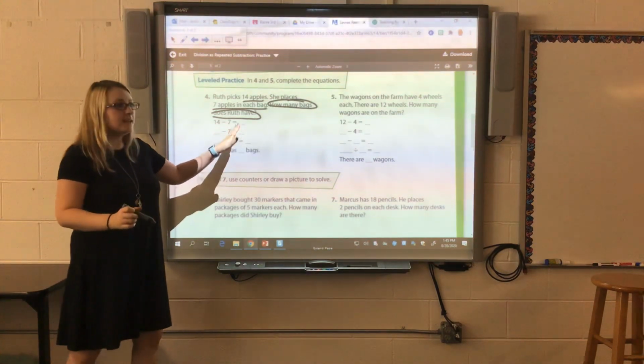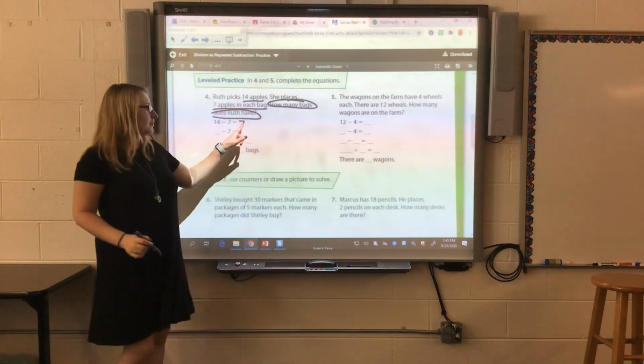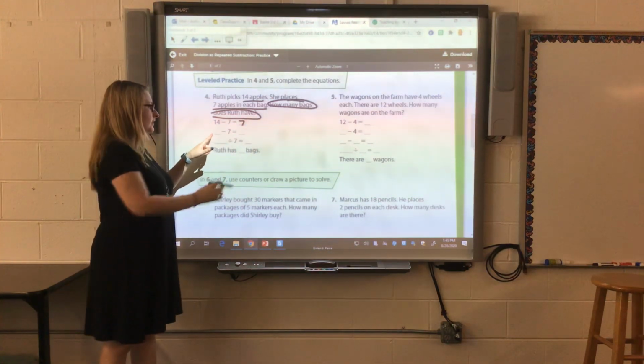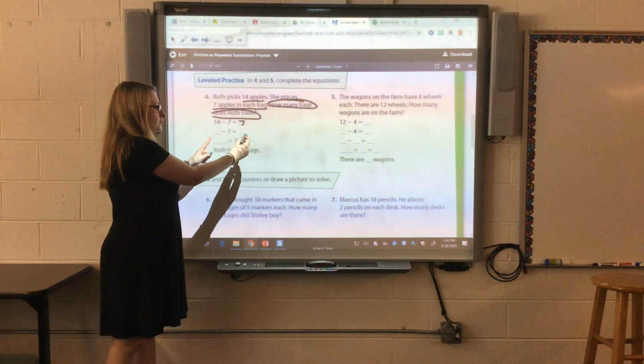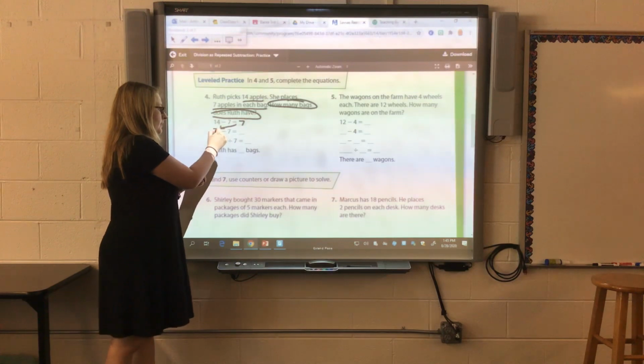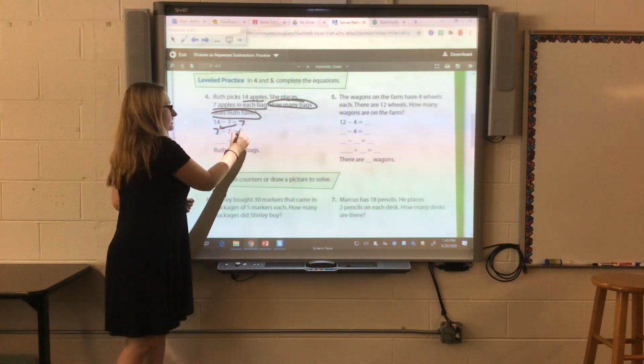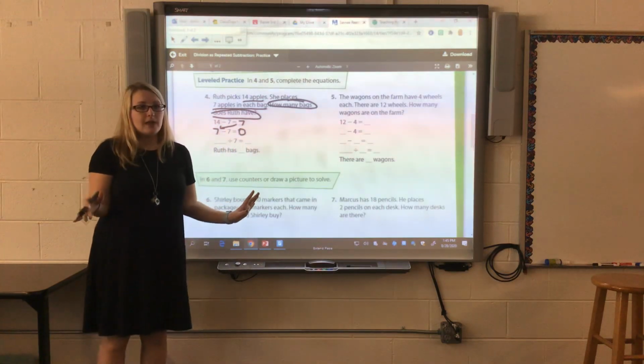So 14 minus 7 is 7. Then I take my answer and I bring it down here because now I'm writing a new subtraction problem. I have 7 minus 7 equals 0. So now I'm done subtracting.